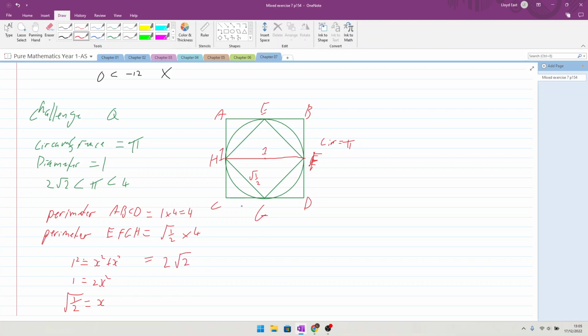So the perimeter of that smaller square is 2 root 2, and so we can see that the perimeter of this one is 4. So now that we have been told the circumference of the circle, we can say that the circle is definitely bigger than the smaller square, and smaller than the larger square, and so it stands to reason that since the circle is pi, pi is between 2 root 2 and 4. Okay, by similar constructing, regular hexagons inside and outside the circle, prove that pi is greater than 3.